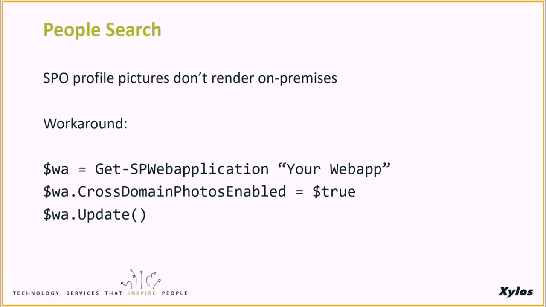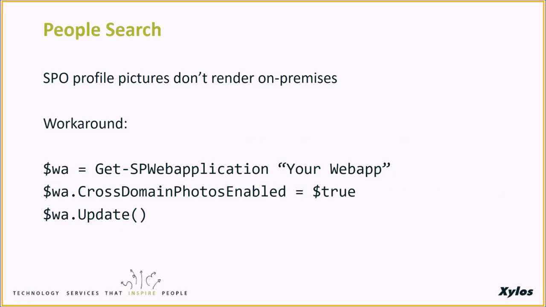And also on premises, if you go for the second method, you will see that you will get SharePoint people results, but that the pictures, their user pictures, won't render. And that's because of cross-site scripting protection mechanisms in SharePoint 2016 and 2013. So your search results get returned on the search page, but the profile pictures are linked directly from SharePoint Online, and SharePoint will not automatically do that.